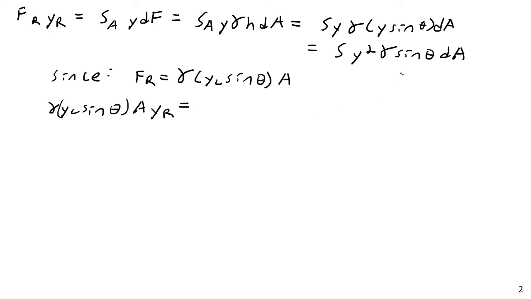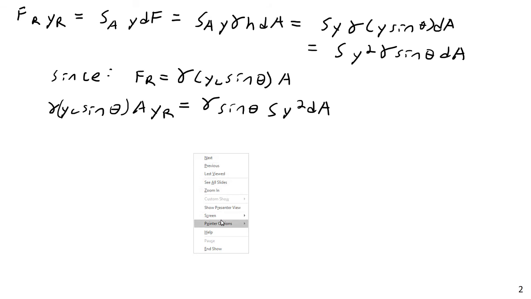As long as theta and gamma are constant, I can pull them out: gamma sine theta times the integral of y squared dA. And then I can start canceling a few things out to simplify things.